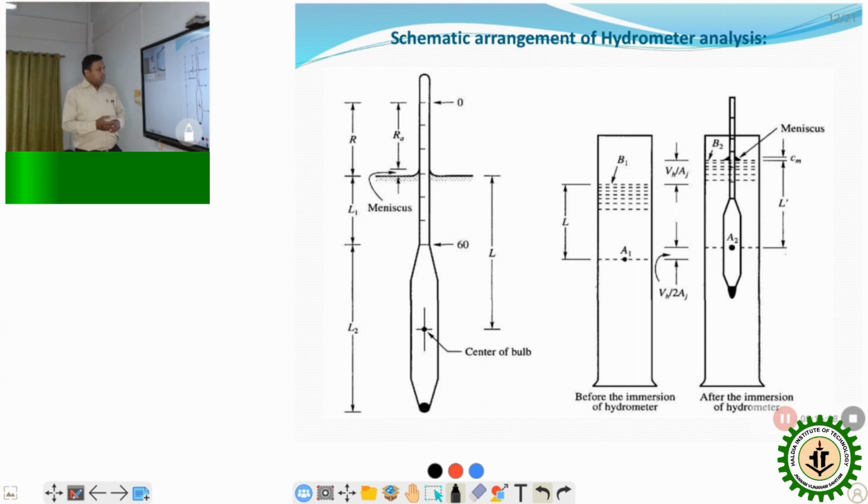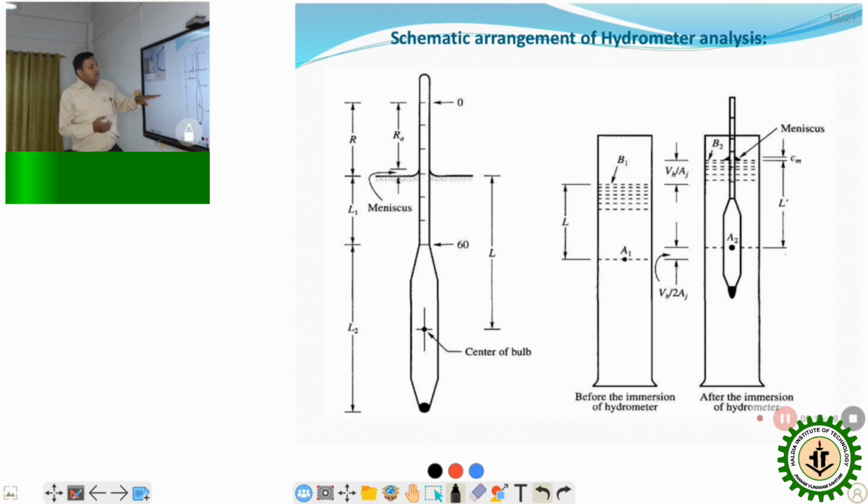Effective depth means, whenever we are immersing the hydrometer in the measuring cylinder, the distance from the point where the soil suspension meets the stem to the center of the bulb. And where the suspension is touching the stem, that is the hydrometer reading. So we have to calibrate the hydrometer, meaning we have to establish a relationship between hydrometer reading and the effective depth.